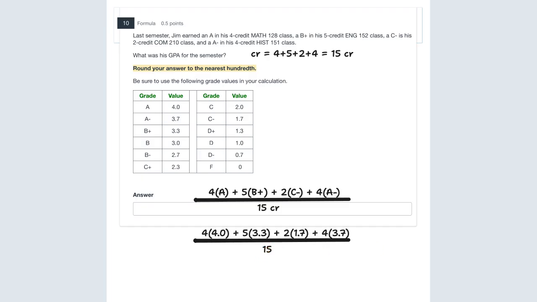So grab my calculator. 4 times 4.0 plus 5 times 3.3 plus 2 times 1.7 plus 4 times 3.7.